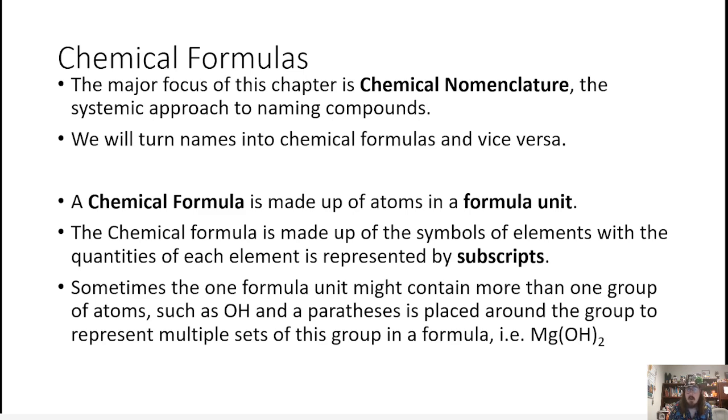Not just two oxygens and two hydrogens, but two OHs bound together. The O and the H are connected. And so if we need to represent multiple OHs, we use the parentheses, as opposed to no parentheses, which means each atom is separate.